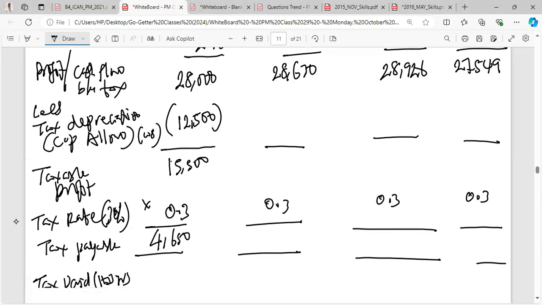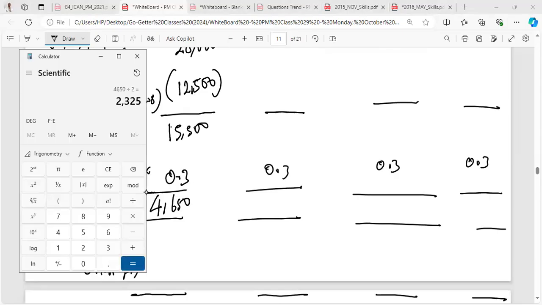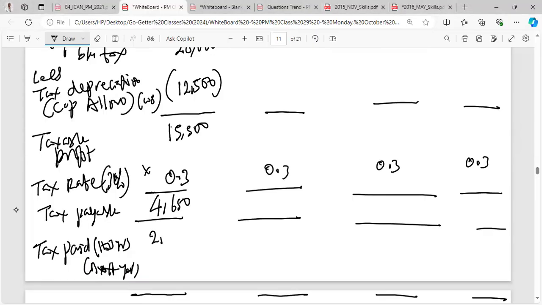And we have said that half of it is paid now, so we just divide by 2. 2,325. We are paying this in 2016, so this is the tax we are going to pay. We are carrying the remaining one to 2017.